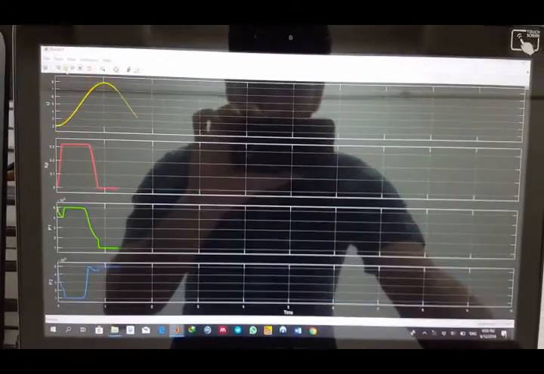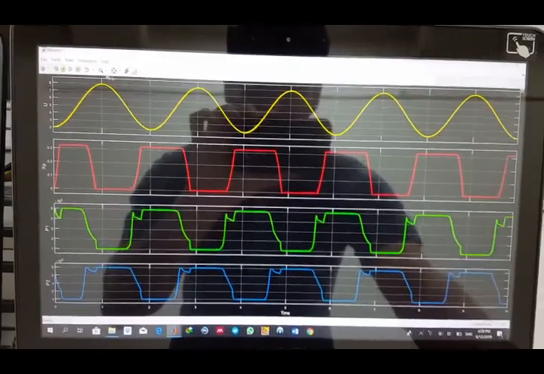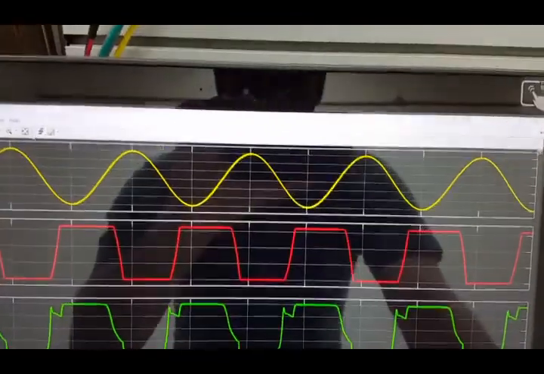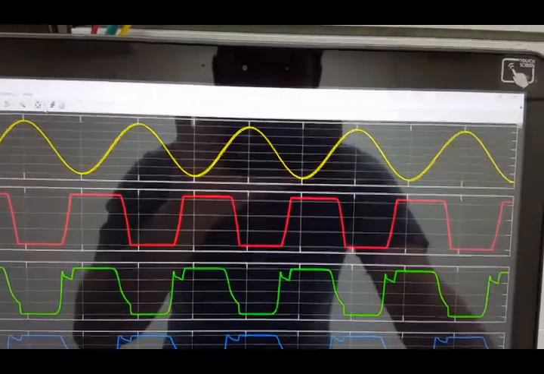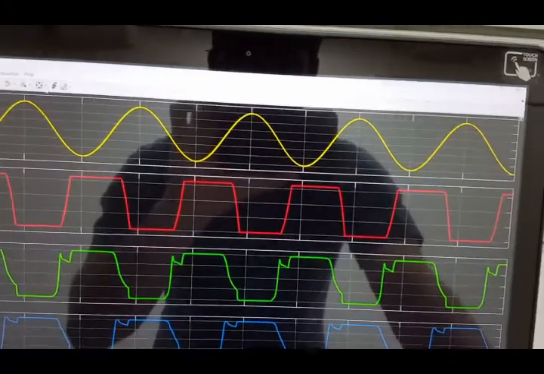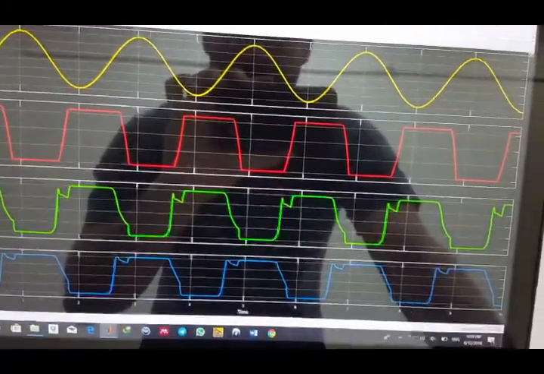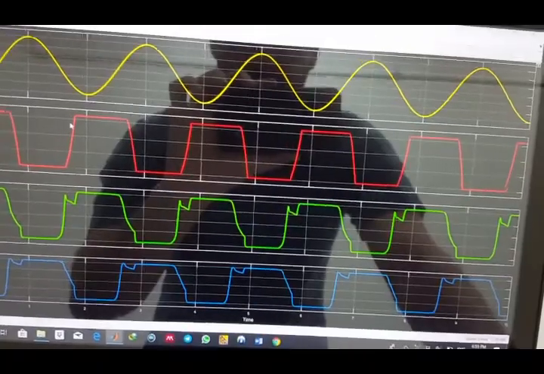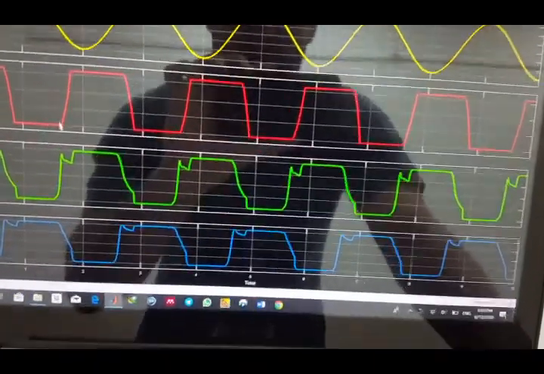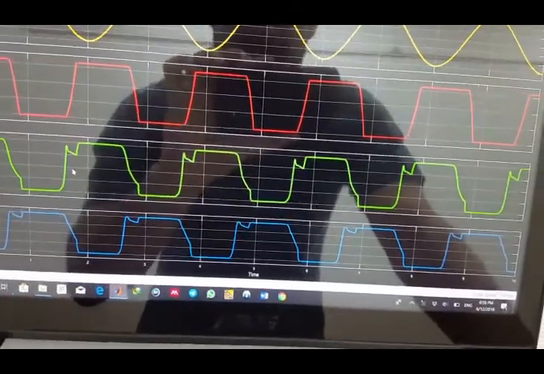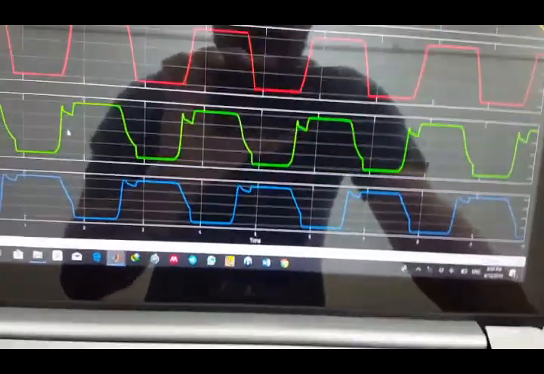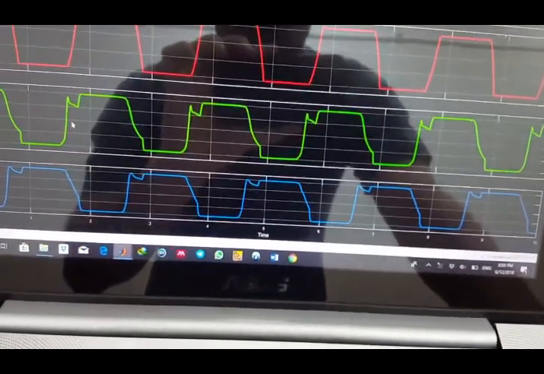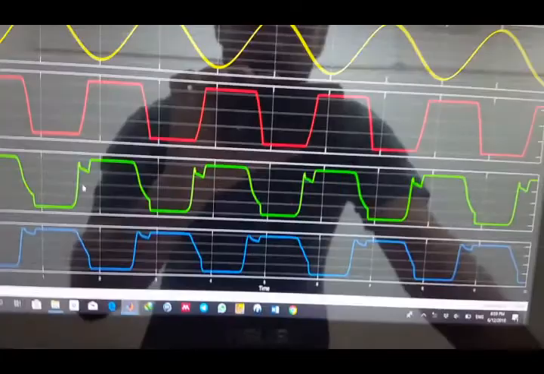We can run it again. The yellow graph represents the control signal. The red graph represents piston position. The green graph represents the pressure in chamber 1 and the blue graph represents the pressure in chamber 2.